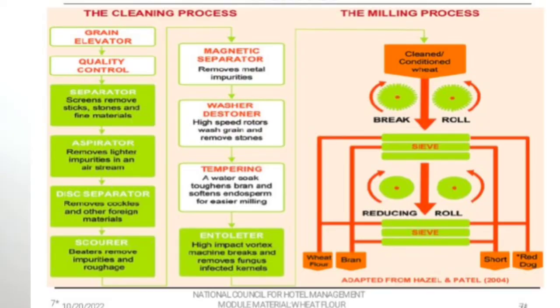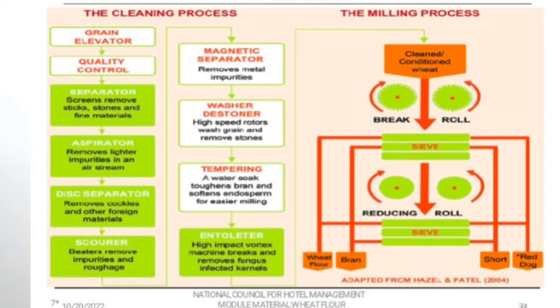The selected wheat grains are milled by a highly automated milling process called roller flour milling. A series of equipment and a complex set of equipment are used in this system to mill the wheat.